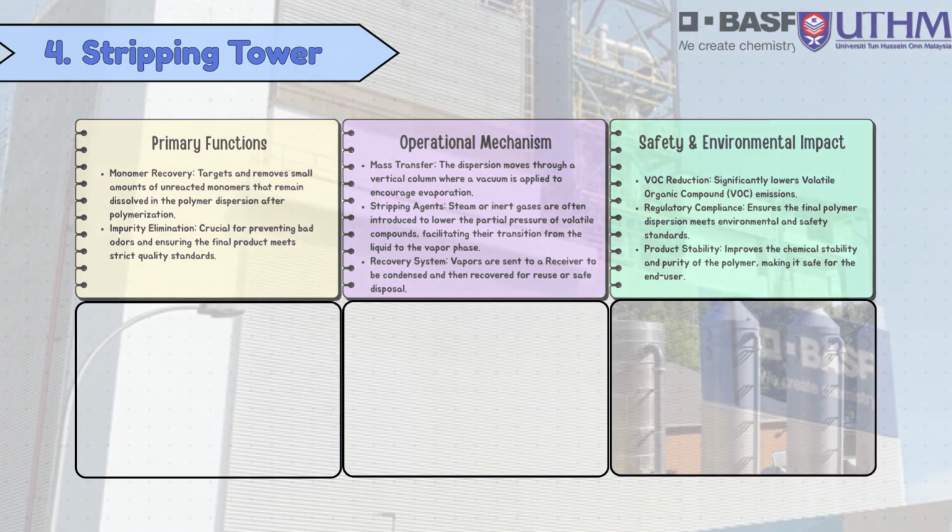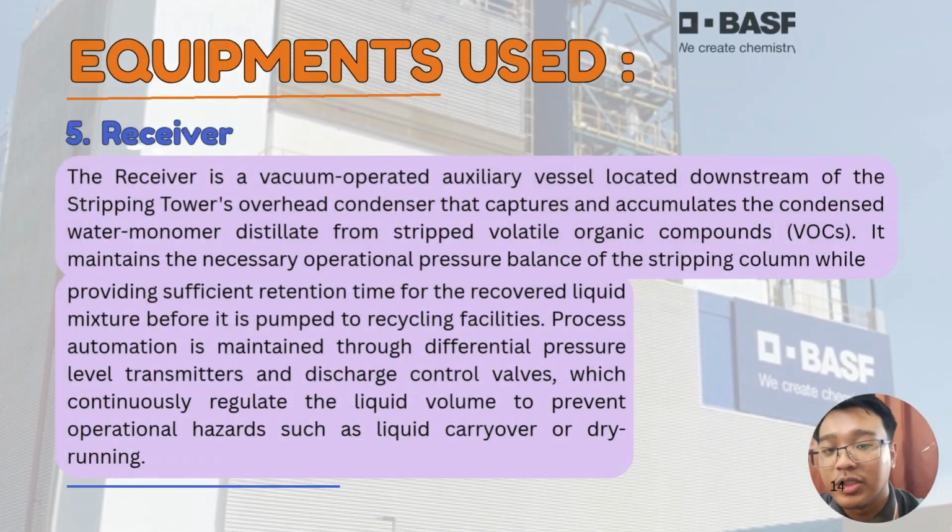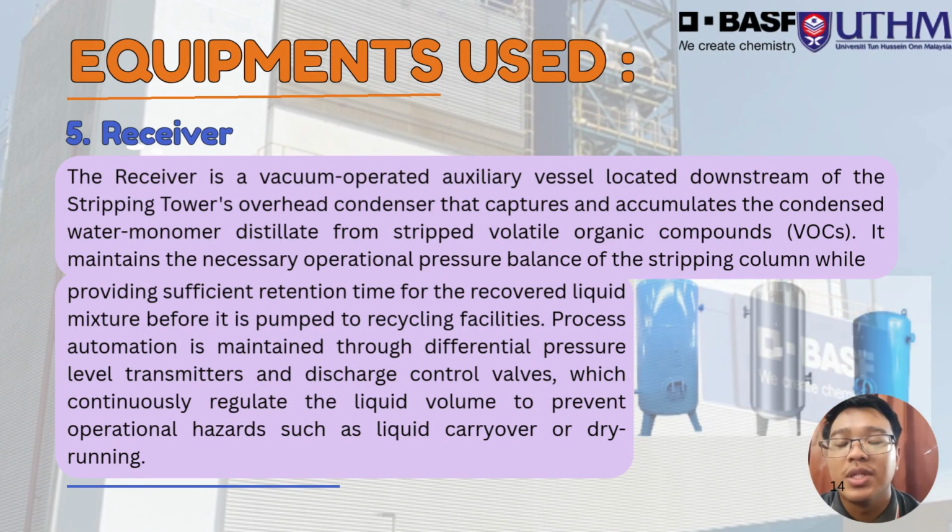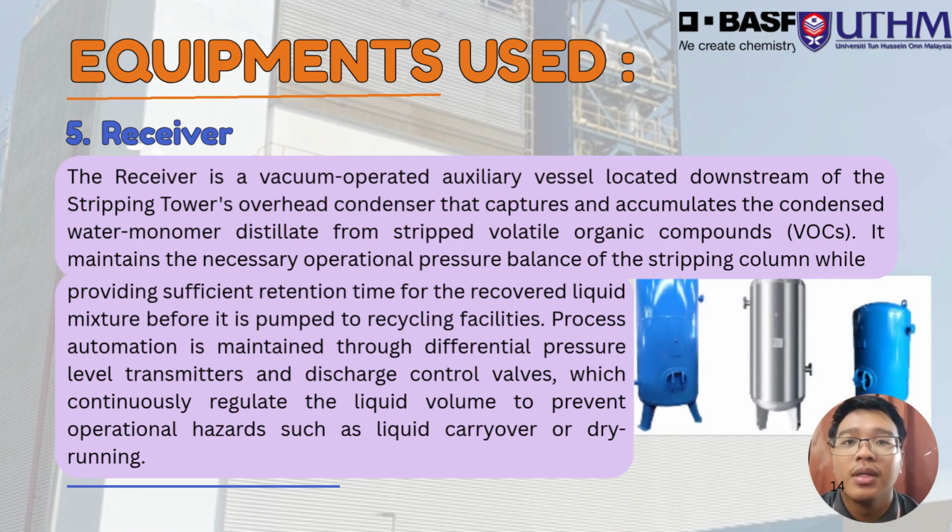For unit process number 5, we have the receiver. The receiver is a vacuum-operated auxiliary vessel located downstream of the stripping tower.